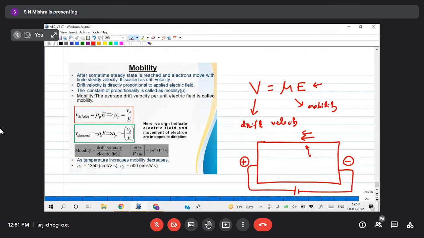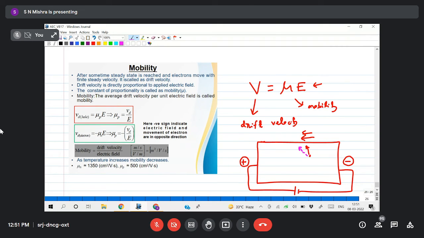So this movement, instead of going this way, will be tilted, it will be forced to move to the left side due to the effect of the electric field. Are you getting my point? Yes, sir.